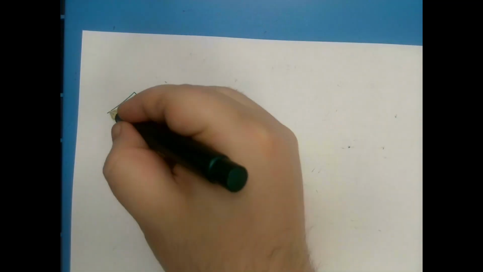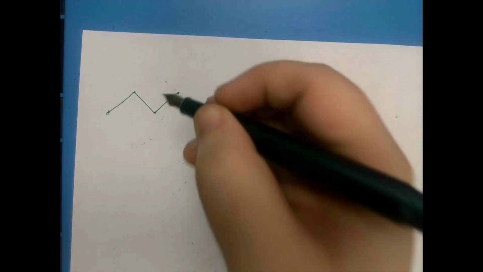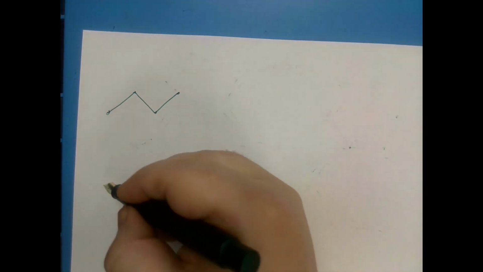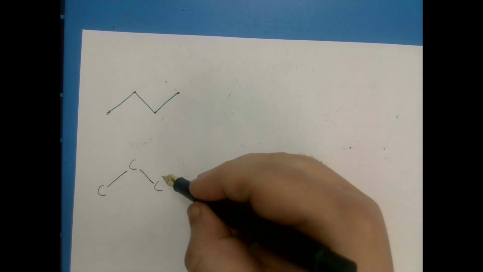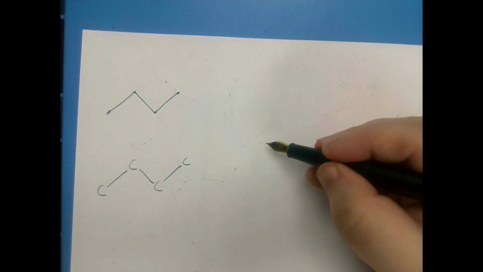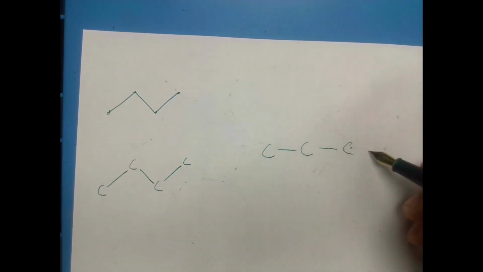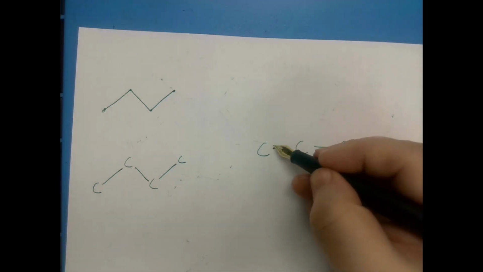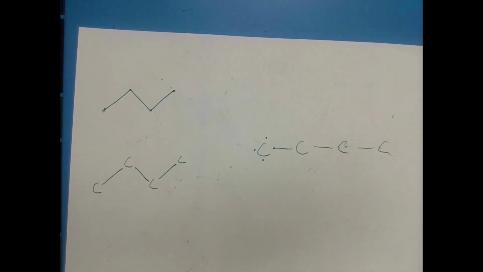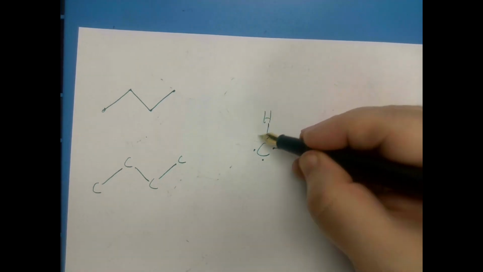What will this one look like? One, two, three, four. I like flattening it. You don't have to. You can either do C, bond it with a C, bond it with a C, bond it with a C. But I like flattening it so that it looks like that. How many hydrogen do we need around this carbon? 3. So it has 1, 2, 3, 4 valence around it. So we need to add.